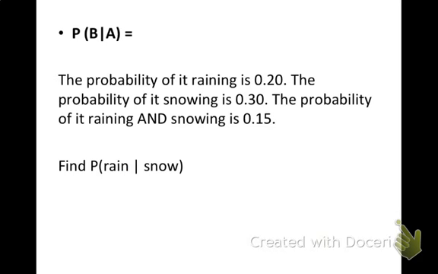For this one, we're not given a chart, but it's still the same concept. The probability of it raining is 0.2, and the probability of it snowing is 0.30. And the probability of it raining and snowing is 0.15. So what we want to do is write out our formula in our terms. The probability of rain and snow, I wrote it out for you, is going to be the probability of rain and snow.